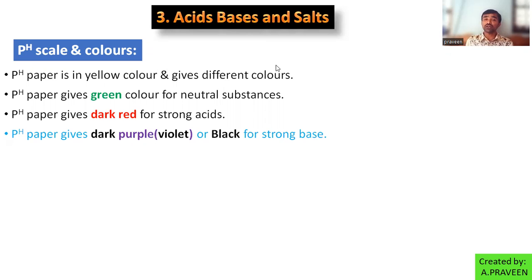So what are the values for that? Neutral substances have pH exactly equal to 7, not less than, not greater than. Dark red is assigned for strong acid, its pH is 1 to 1.5. The strongest acid is HCl.